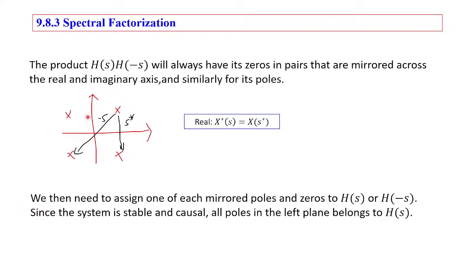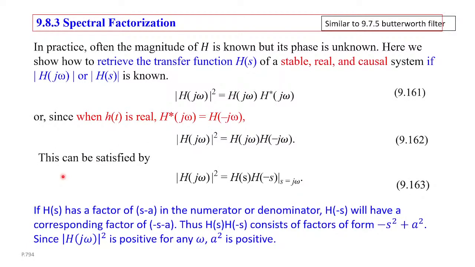Because of the symmetry, the poles and zeros will have all kinds of mirrors. But we're out of time, and we'll finish our spectral factorization next time. So any questions? If not, then see you on Friday.